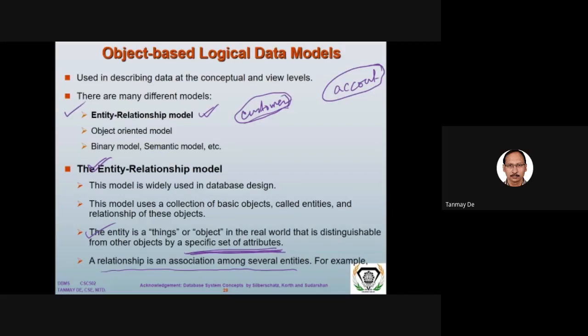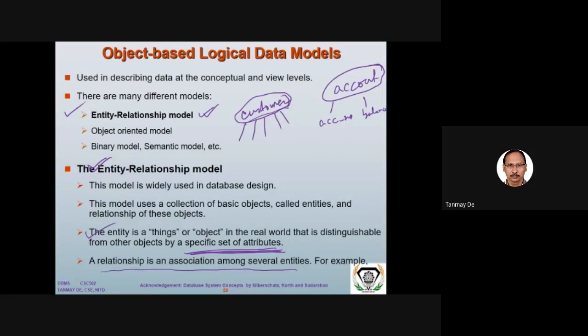Account entity is represented by account number and balance. These are the two attributes. Similarly, here a number of other attributes are there. Okay, up to that is clear?